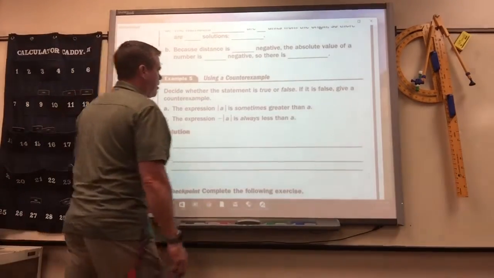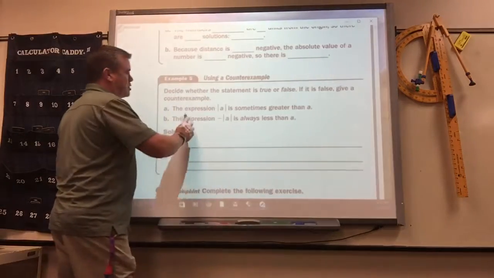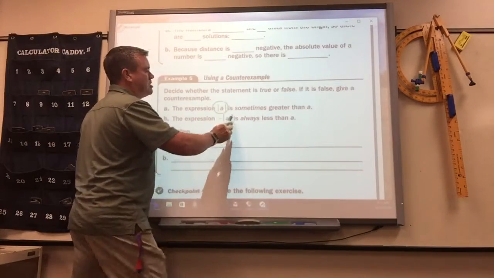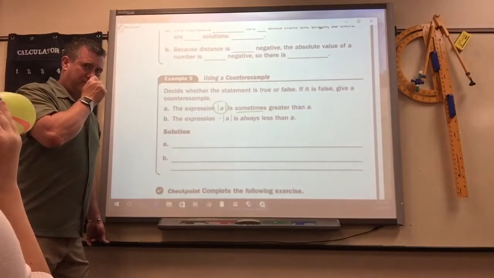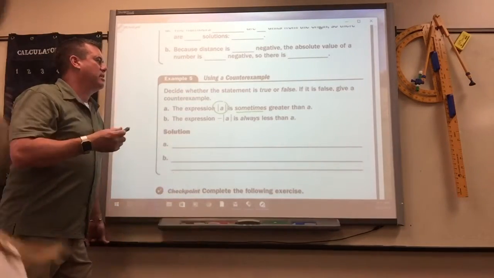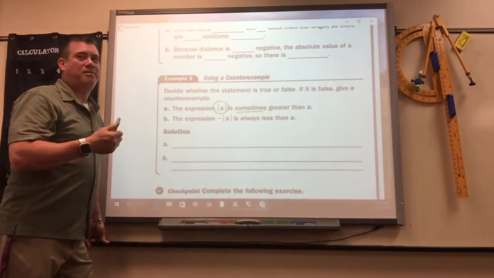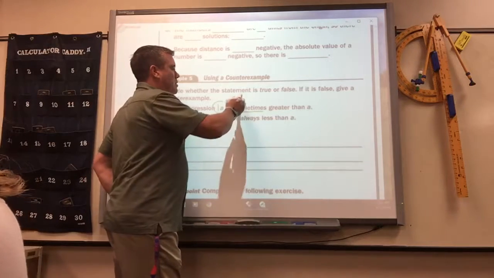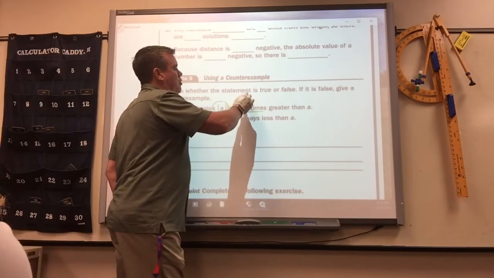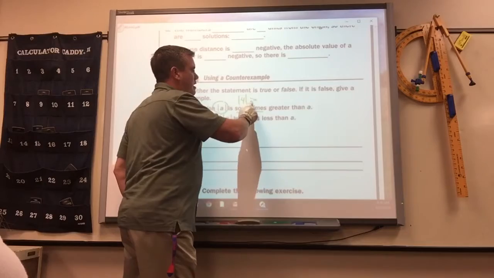Okay? True or false? The expression the absolute value of A is sometimes greater than A. False? Can you give me an example? So I'll just pick a number. The absolute value of 4. Could that be greater than 4?